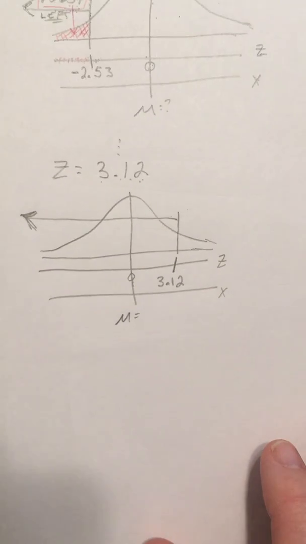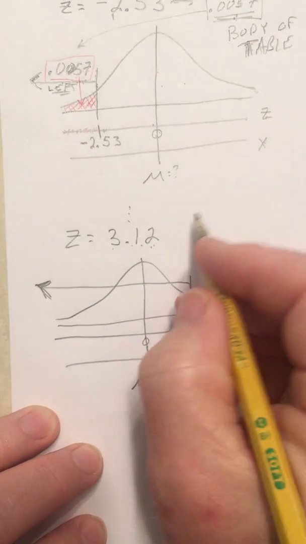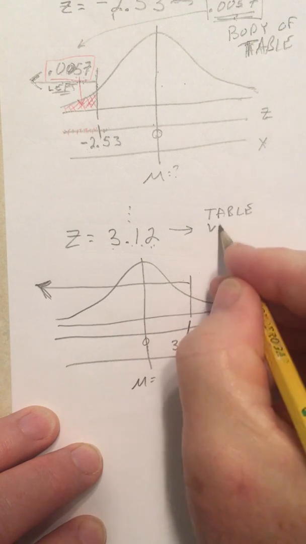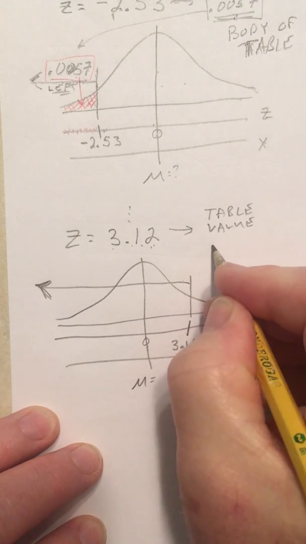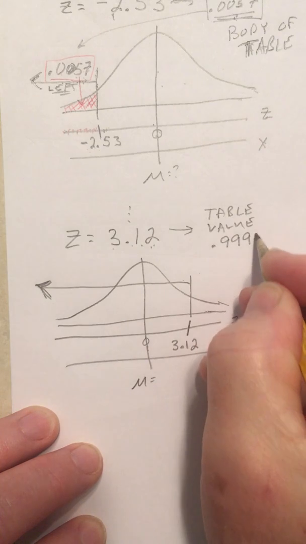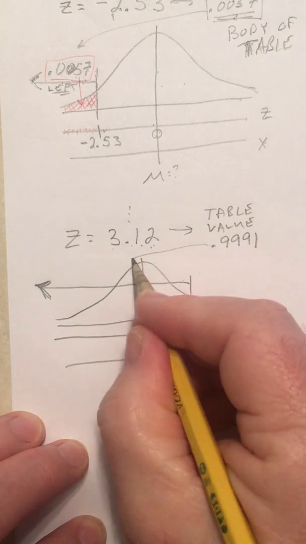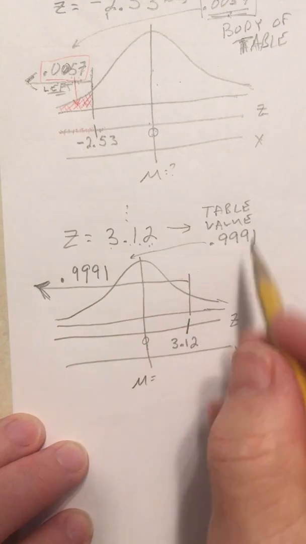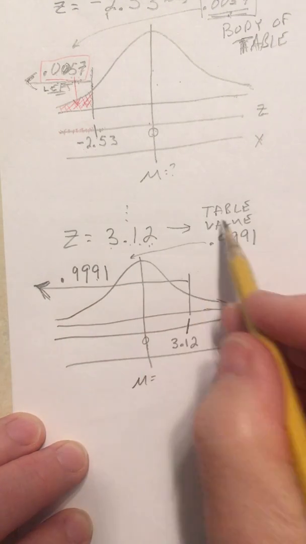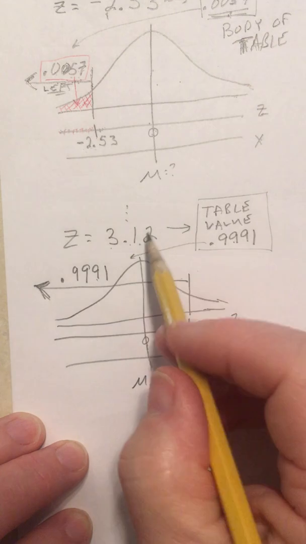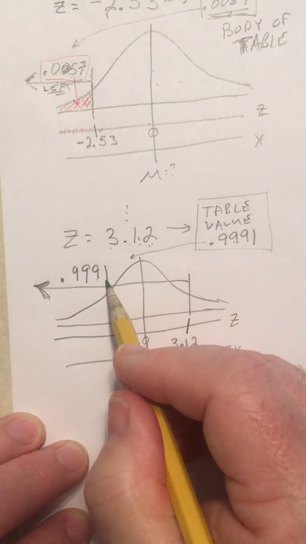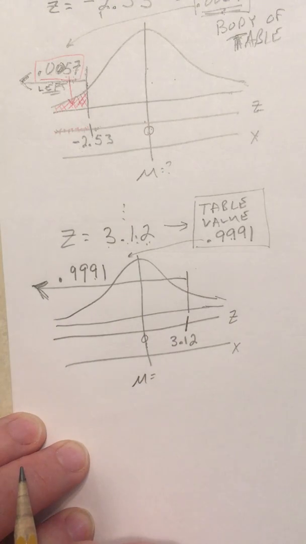0.9991. So our table value, 0.9991, always goes on the arrow. The number from the body of the table, not the z-score, the number from the central body of the table goes on the arrow, 0.9991.